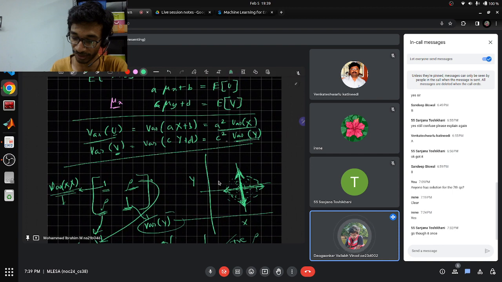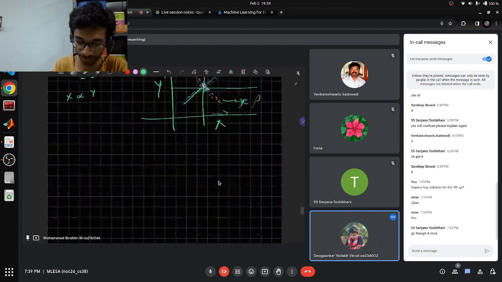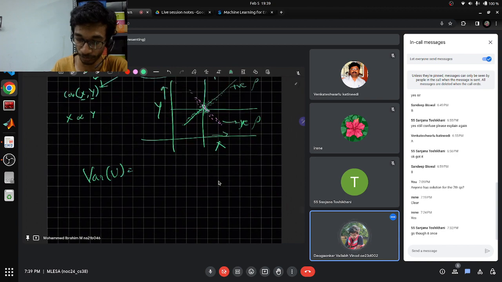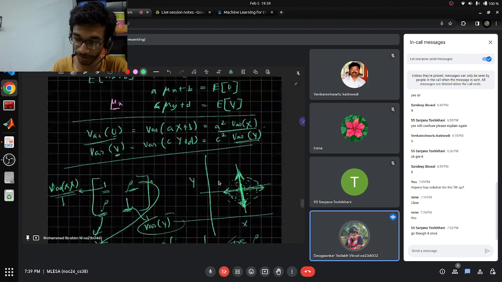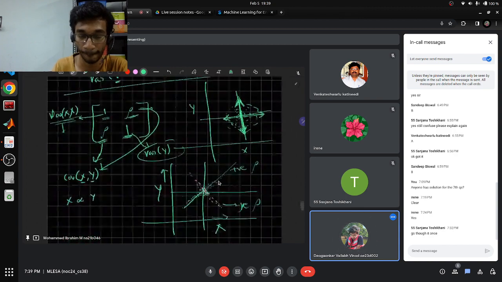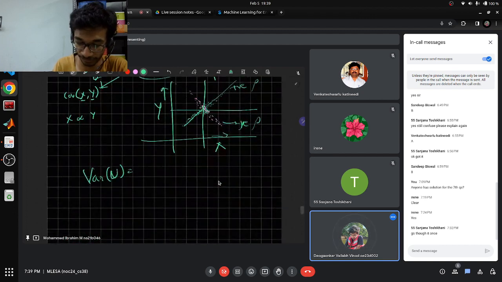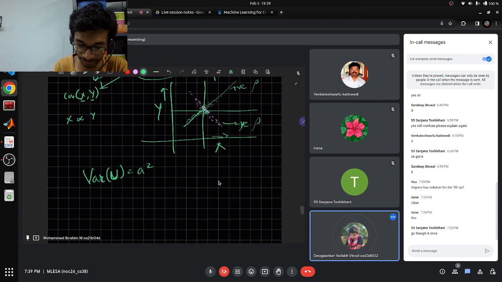So the variance of u is equal to a square times the variance of x, which is then equal to a square only, because the variance of x is 1.